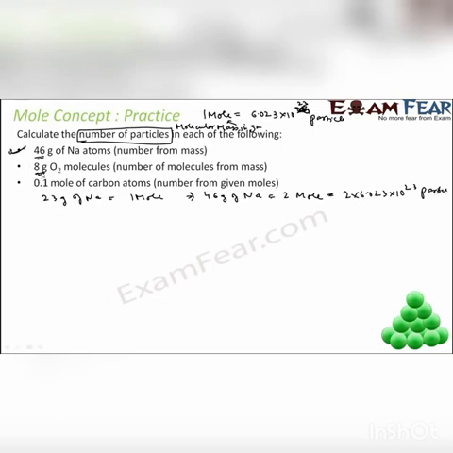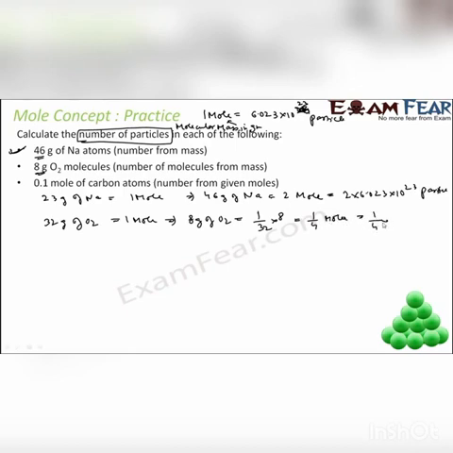First part is done. Second part, similar, 8 grams of oxygen. So we know that 32 grams of oxygen molecules implies 1 mole. So 8 grams of oxygen molecules will imply 1 by 32 into 8, these many moles, 1 by 4 moles.